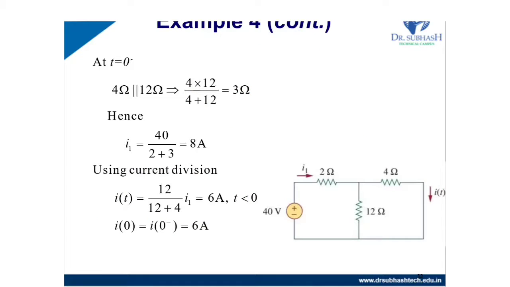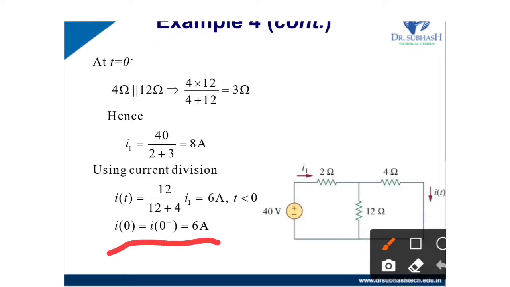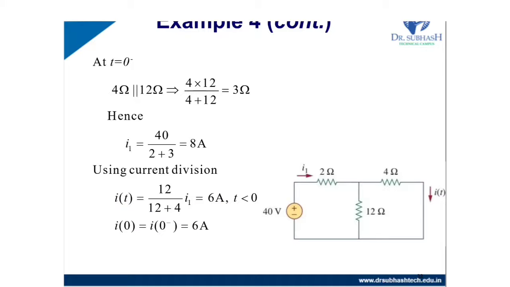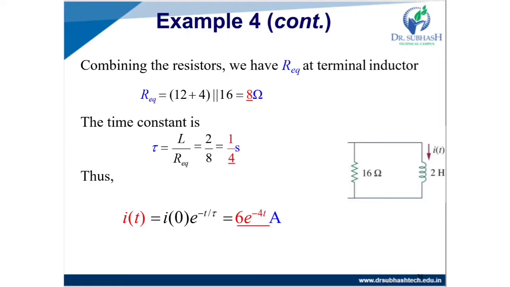For t less than 0, it is 6 ampere. So I of 0 or I of 0 minus, the previous value, is 6 ampere when the switch is closed. Now we have to find the response when the switch is open. Combining the resistors, we find R equivalent.